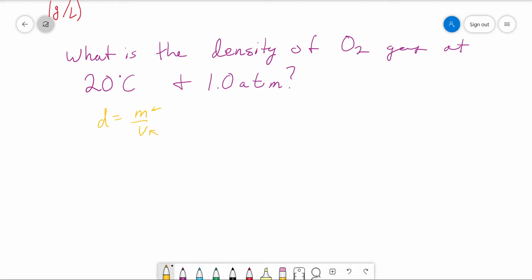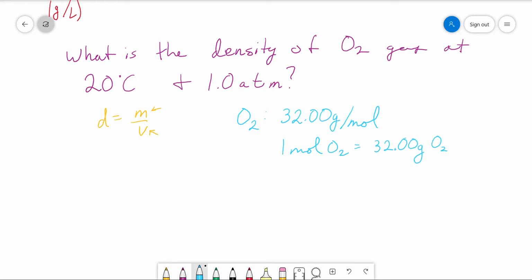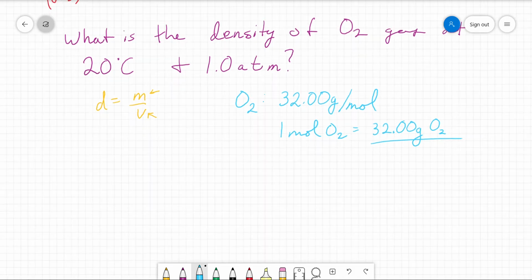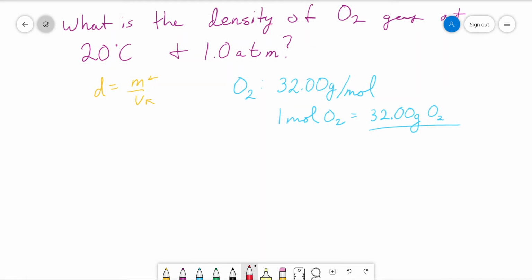All right. So one thing we know is that we have O2. So O2, the molar mass is 32.00 grams per mole. So we can say that 1 mole of O2 is equal to 32.00 grams of O2. So look, there's our mass for D equals M over V. Now we have to ask ourselves a question.